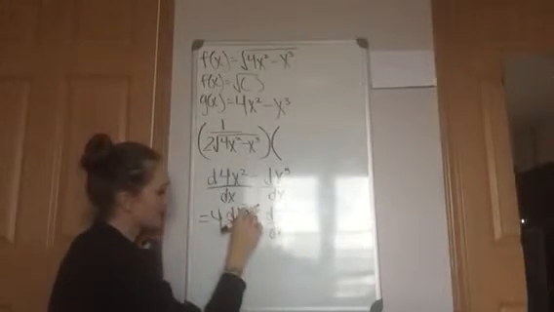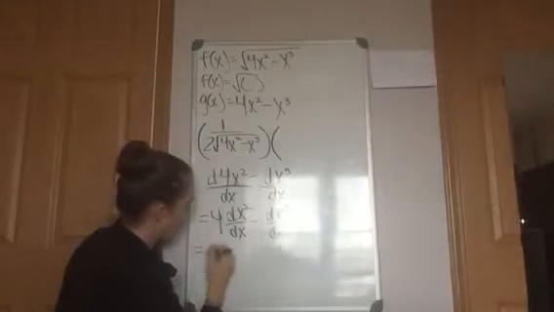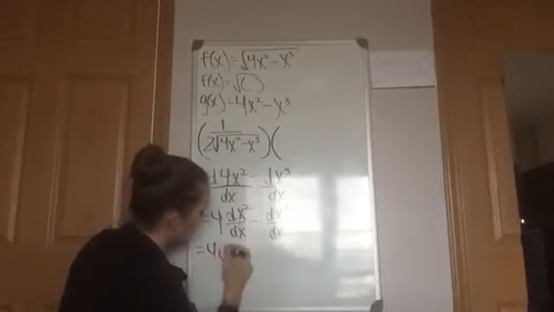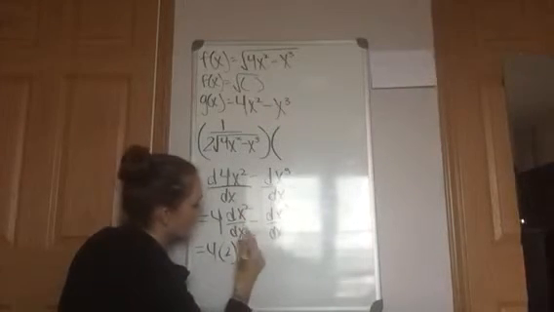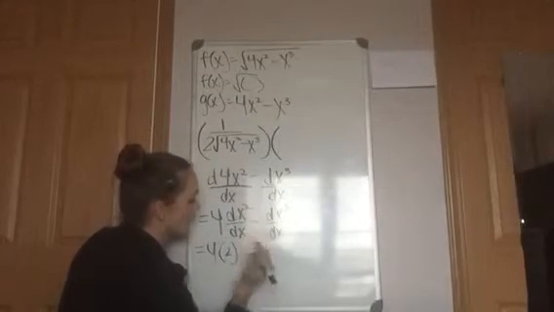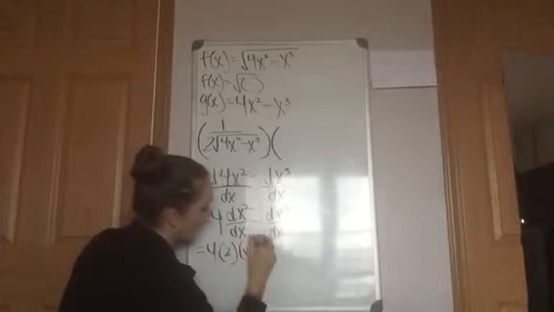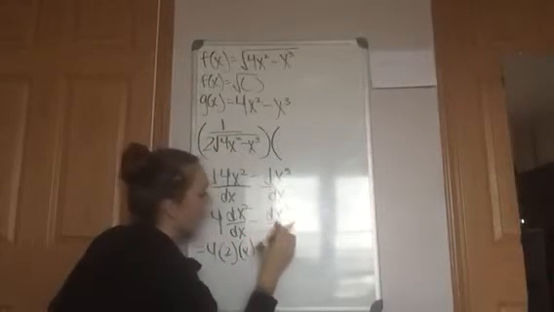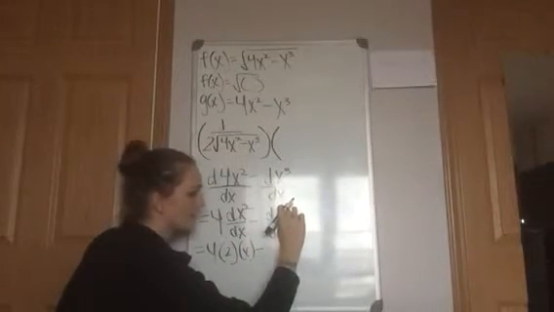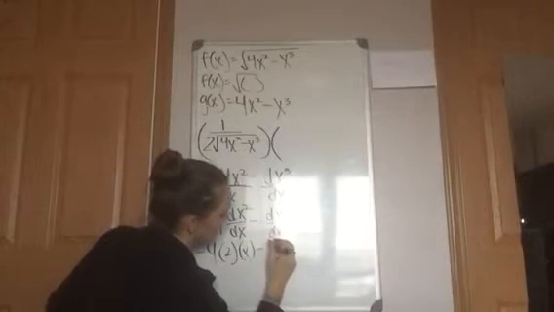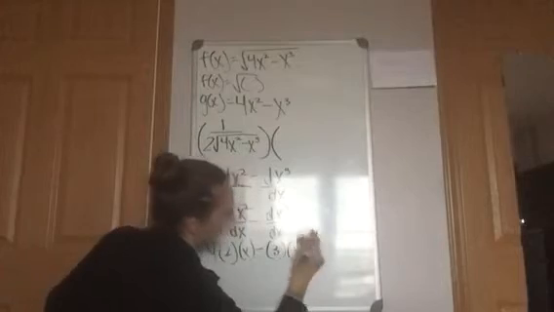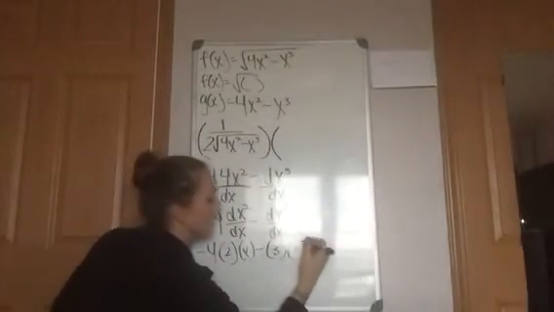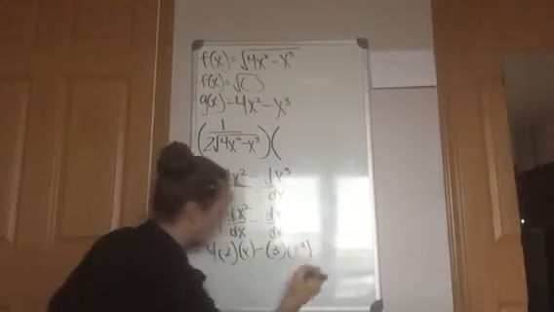So we're going to take this 2, and so we get 4 times 2, and then 2 minus 1 is going to be 1, so then we have x to the 1, and then we're going to take this 3, pull it down, times x. 3 minus 1 is 2, so x squared.